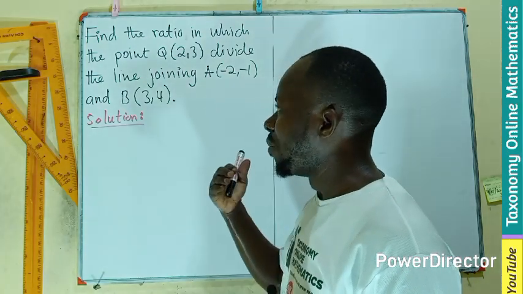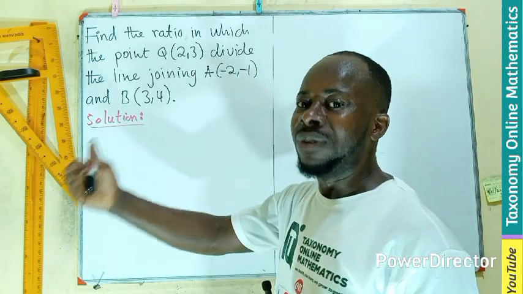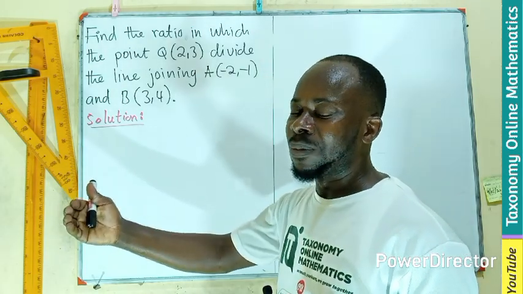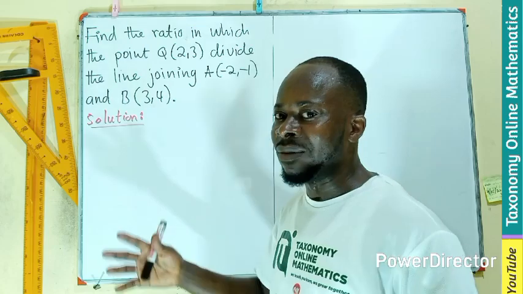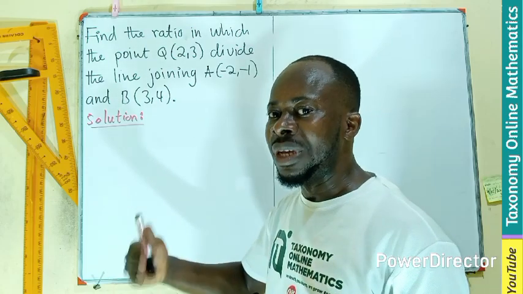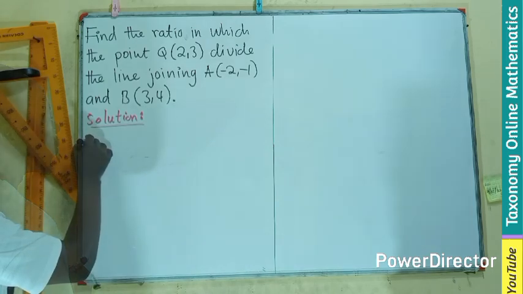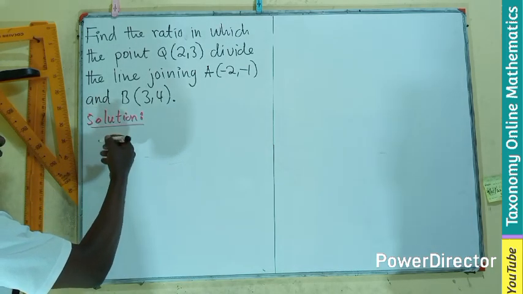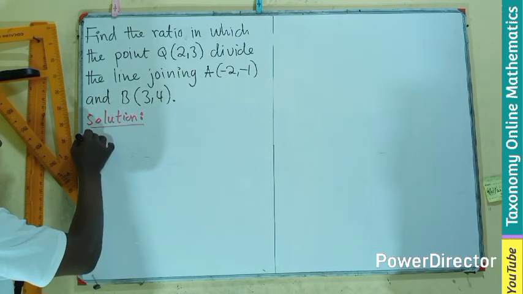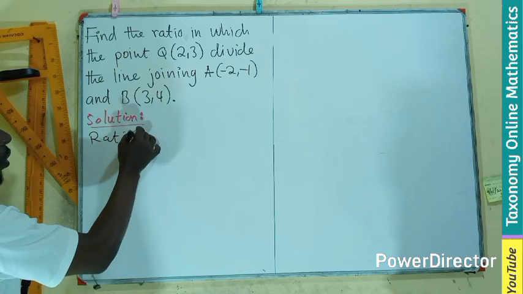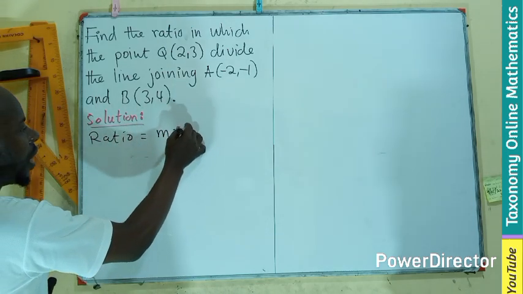So here we've not been mentioning whether it is internal division or external division. So basically we take the internal division. If it is external, it will be indicated. So if we can recall, if I'm looking for the point that divides, let's just say our ratio is going to be m is to n.